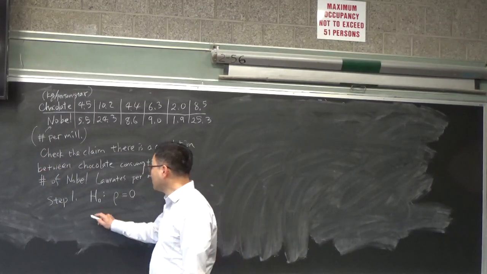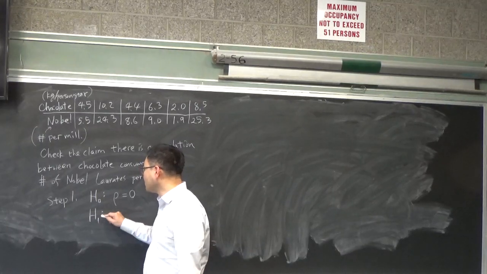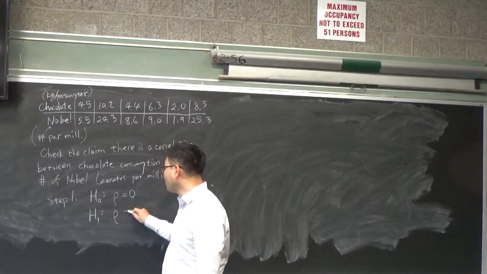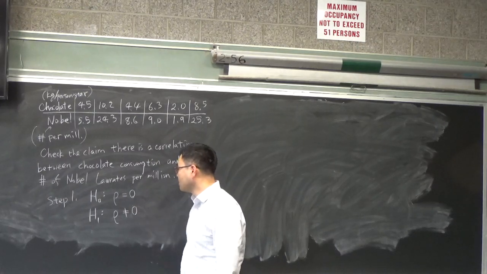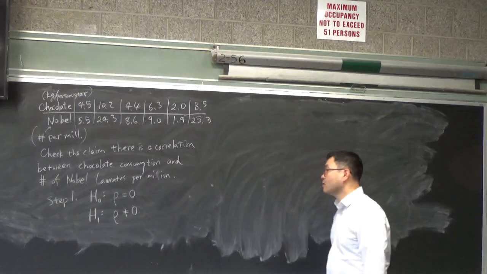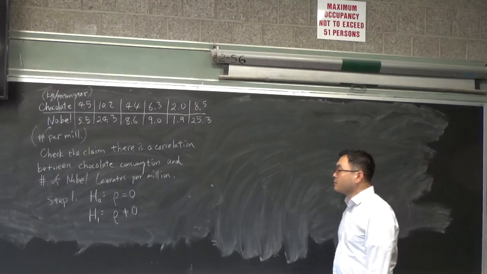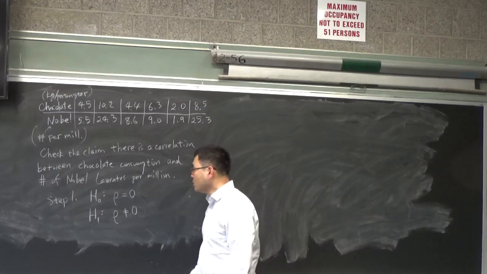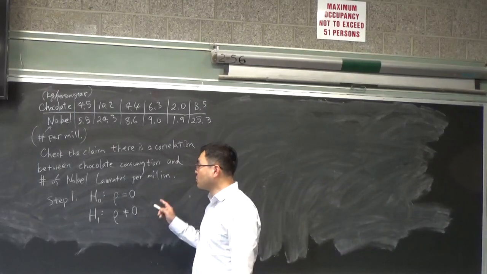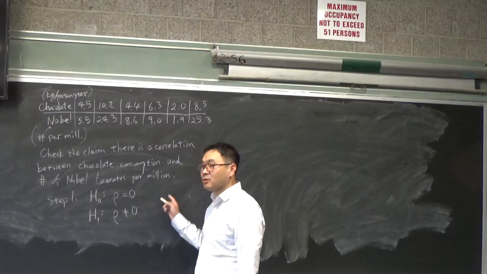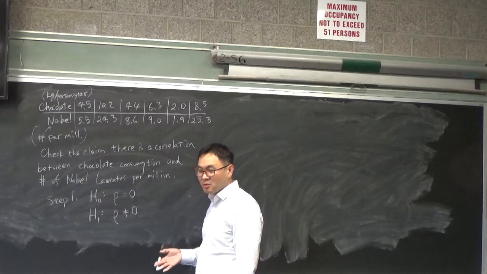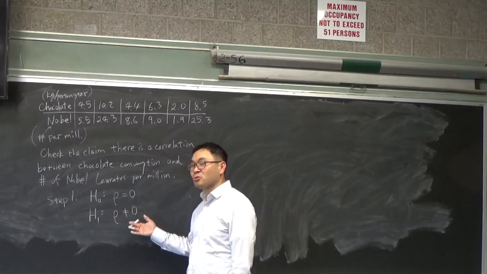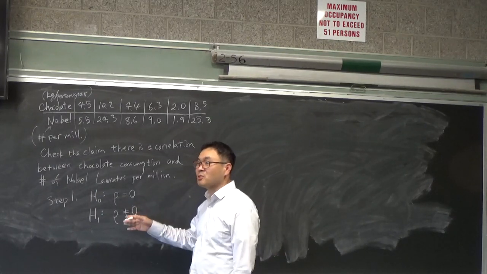And then the alternate hypothesis is that, well, there is some correlation. So that's the alternate. For hypothesis testing of correlation, you could make something up, but usually you don't do a one-sided, one-tailed test.